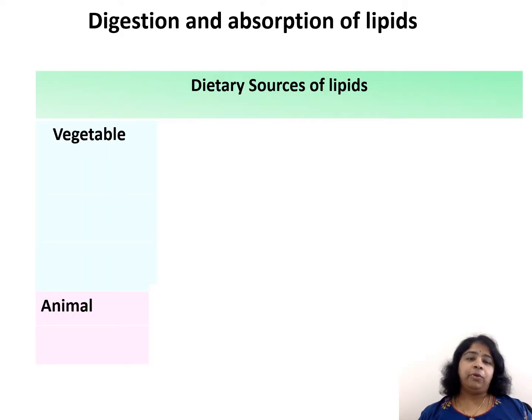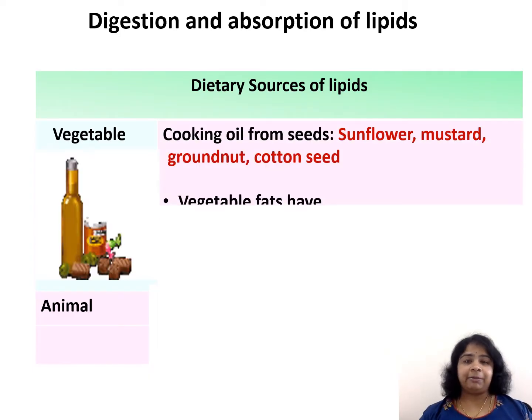Let's look at what are the dietary sources of lipids. We can have two sources, either vegetable source or animal source. Now, what are the vegetable sources that you know of? The most common sources will be the cooking oil, which we get from seeds.